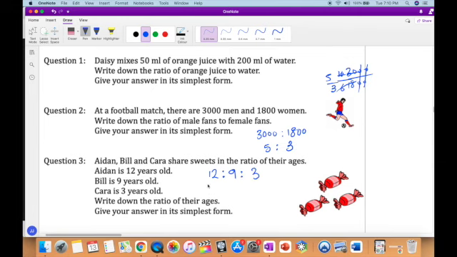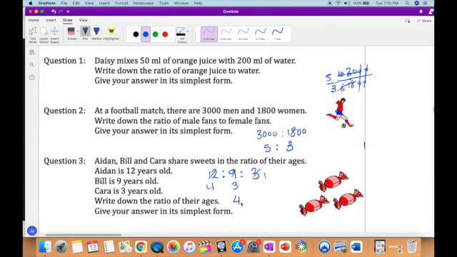Look at that. I have 3 quantities in a ratio here, right? And I could think about it like a fraction, 12 over 9 over 3, and you could reduce it the same way. Well, 1 three is 3, 3 threes are 9, 4 threes are 12.